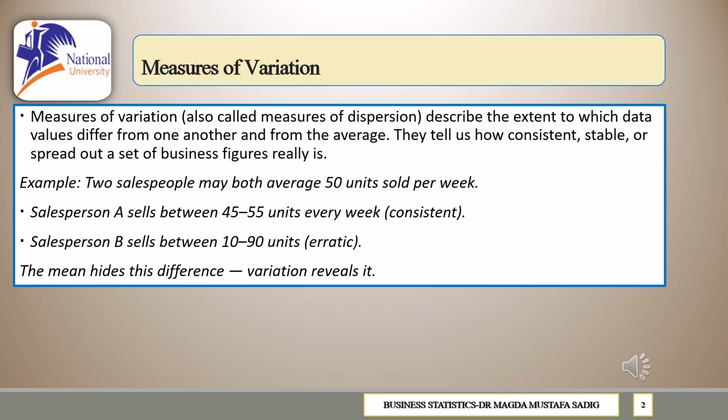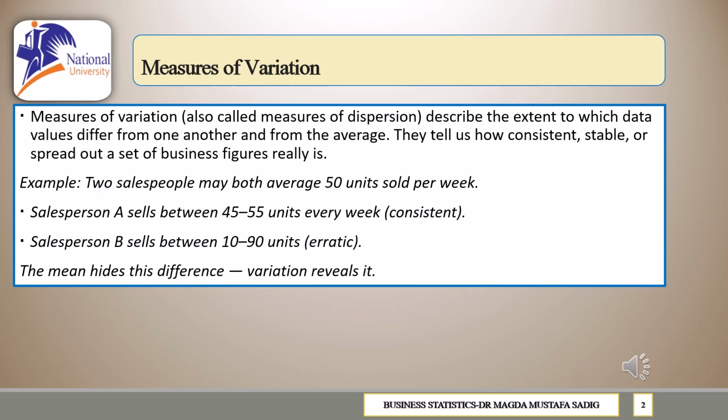Although the average may still be 50, the actual sales figures fluctuate greatly. Sometimes the salesperson performs very poorly, while at other times performance is extremely high. Therefore, salesperson B is more erratic and less consistent.